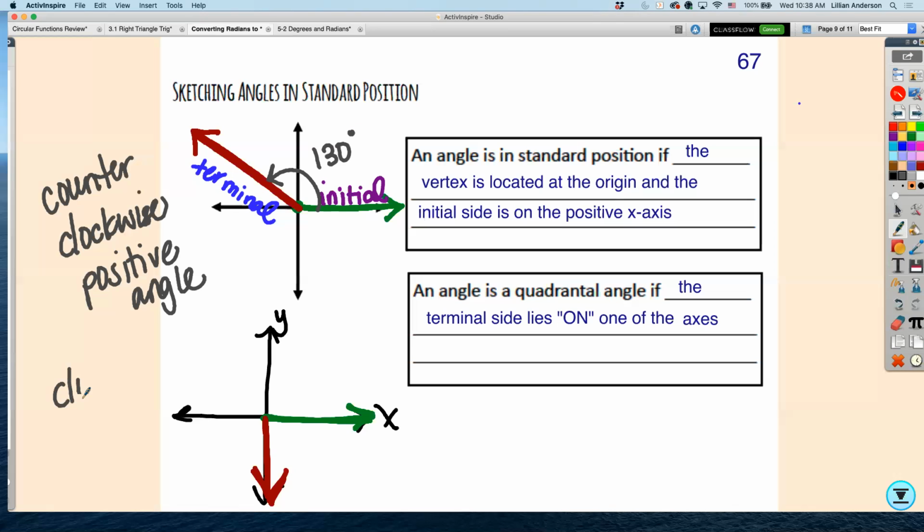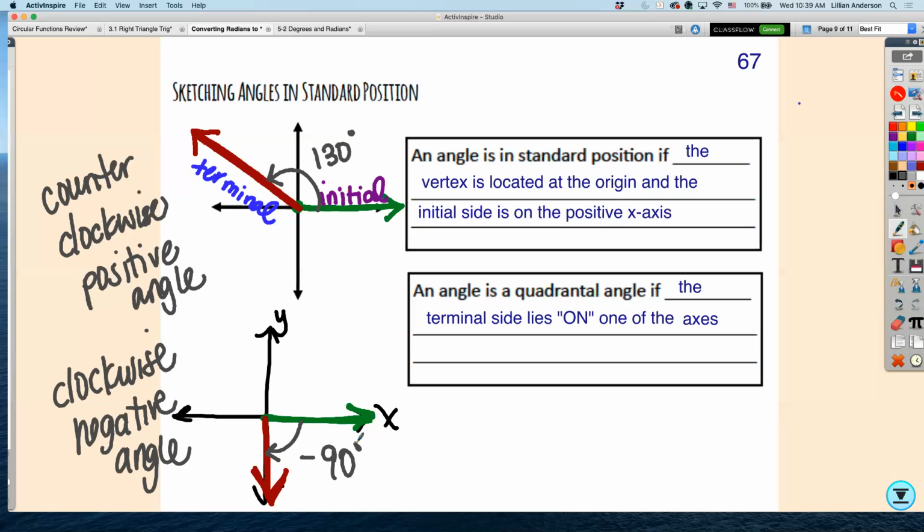If you go clockwise, then you are creating a negative angle. So again, starting from my initial side, going clockwise, we create a negative angle. And using a little bit of intuition, how many degrees would you say this is? 90. But since I went clockwise, it would be negative 90 degrees.